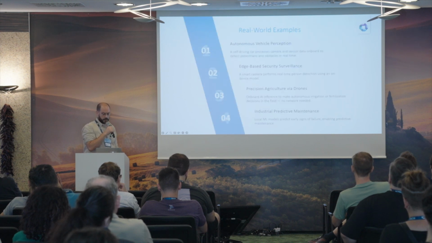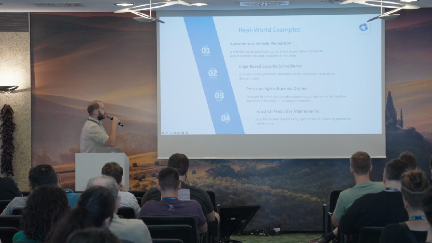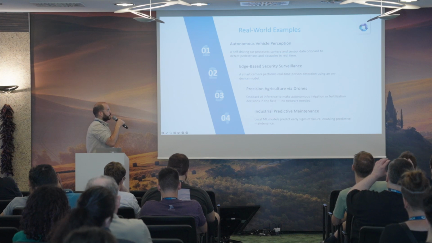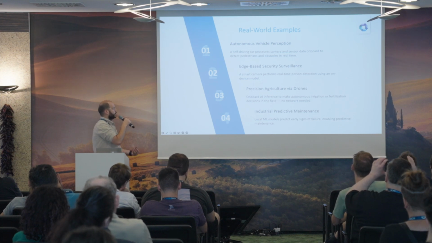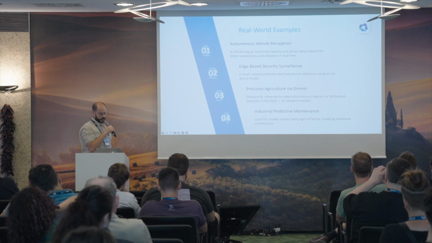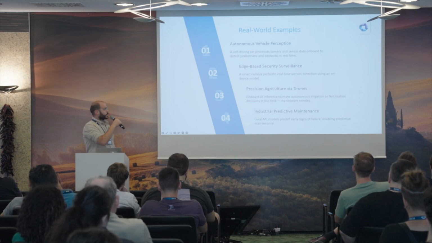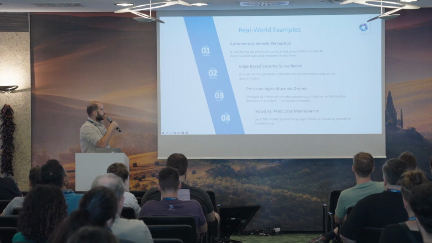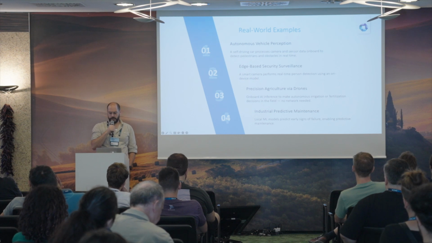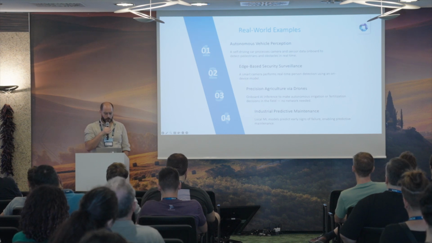So here is an overview of some real-world examples we already saw. We have, for example, autonomous vehicle perception, where we have self-driving cars, for example, where we need to deploy our AI models onto the edge devices.